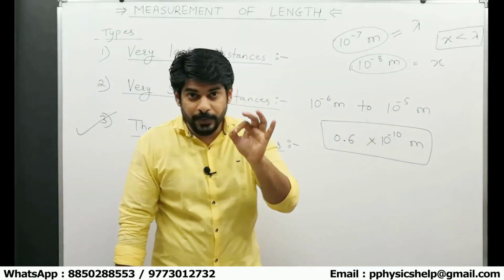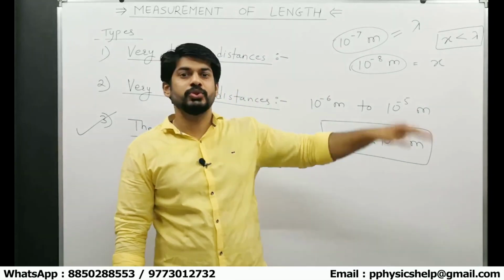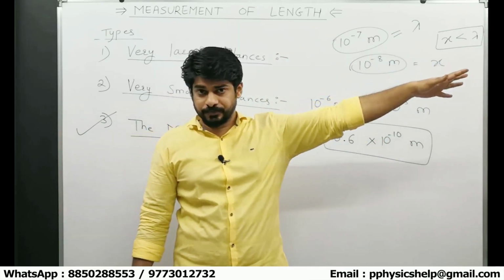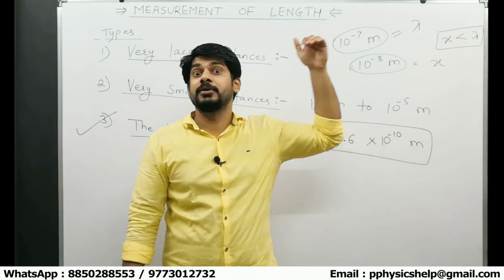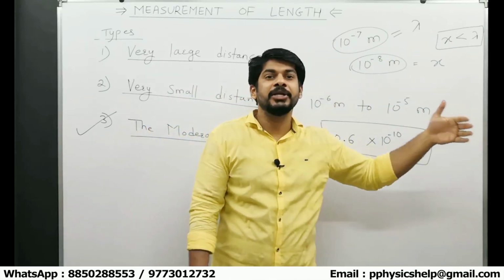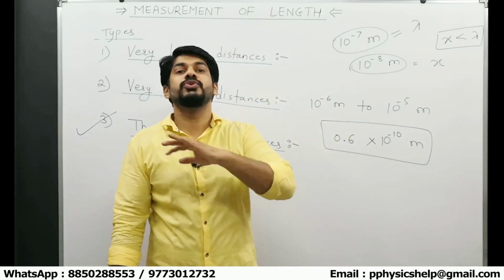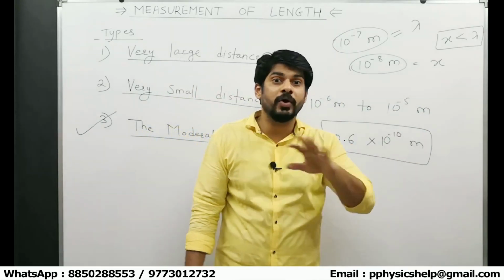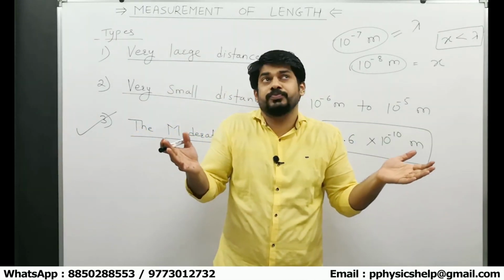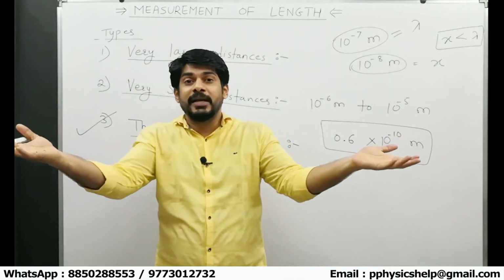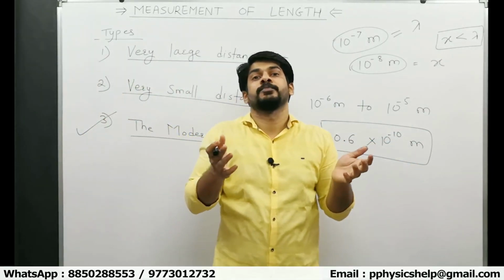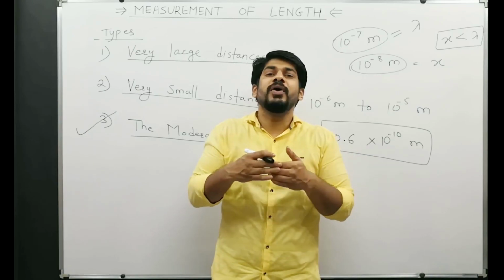We used to use it for a very long time, and now also we use it, but for a very long time this method has been very handy to human beings. Using this we have been able to find out the distances between the stars and the size of the planets. Lots of things we could do using this method. So this is a very handy method.